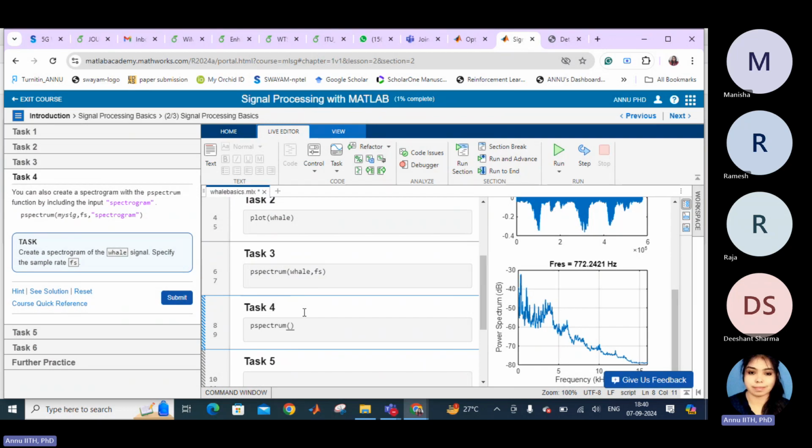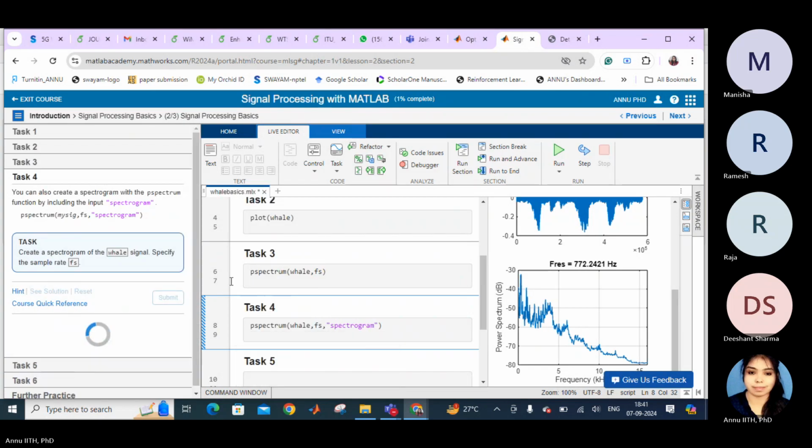So we have the signal named whale, Fs. Now, please write in the chat box what is the difference between the spectrogram and the power spectral density, and what in particular we are seeing from the observation.